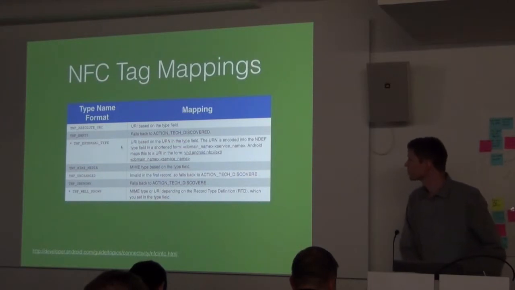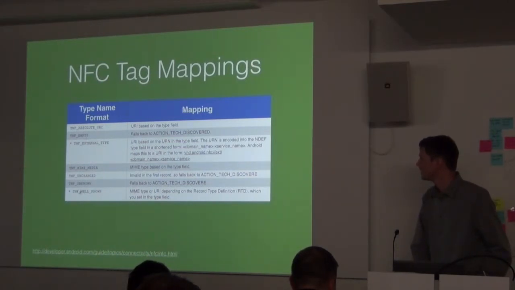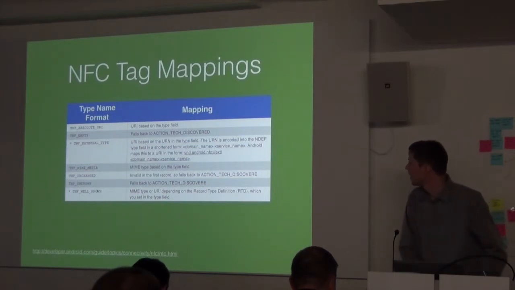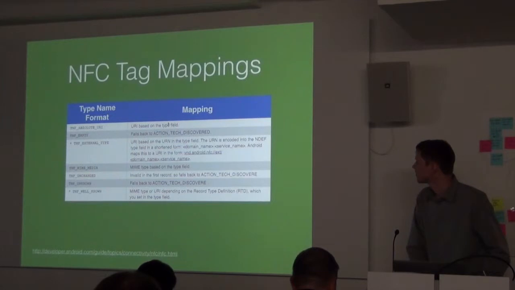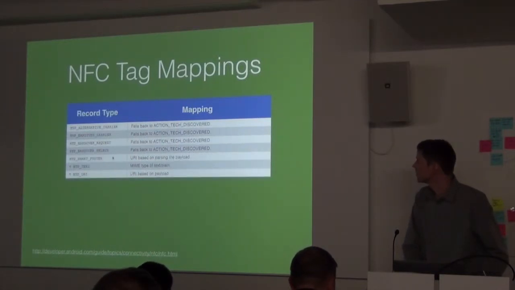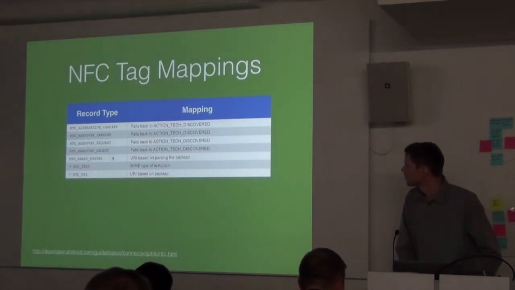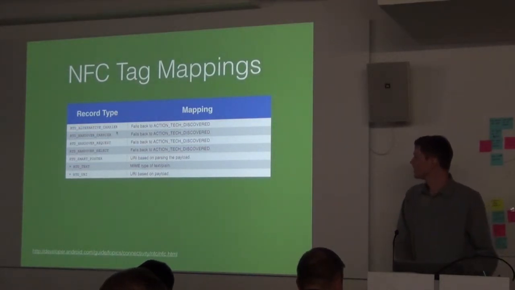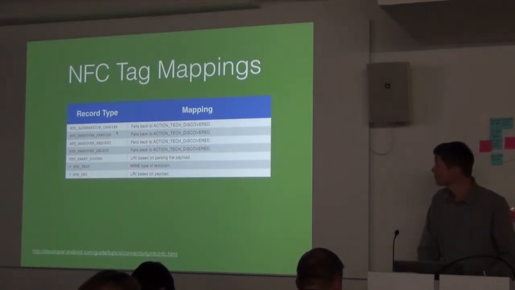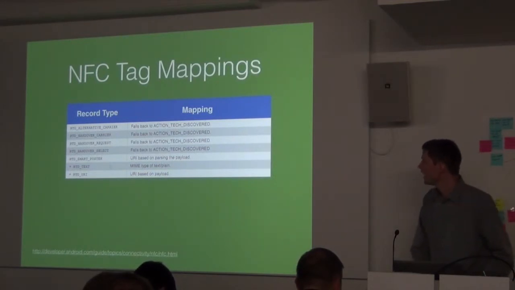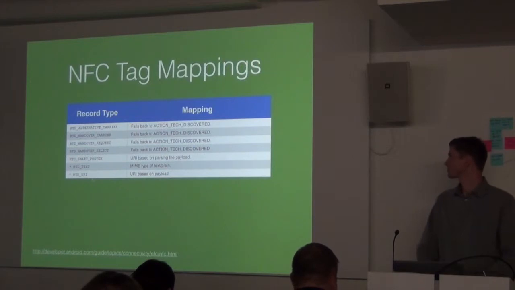We are going to focus mainly on TNF external type here and TNF well known. For TNF well known, there are some specific record types. We're most interested in RTD text and RTD URI.